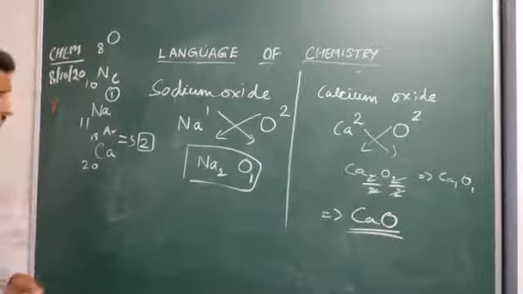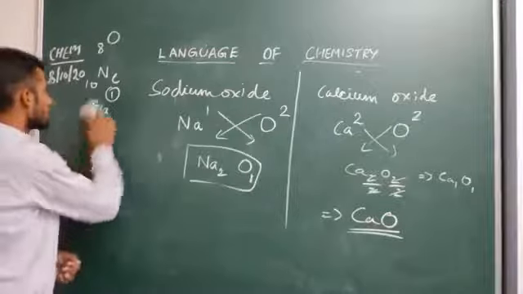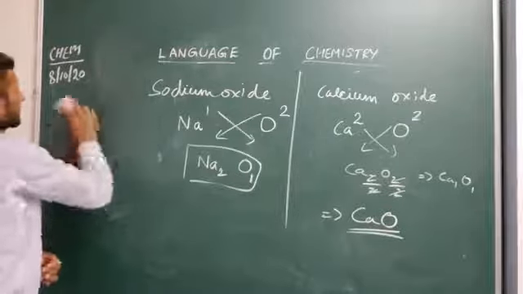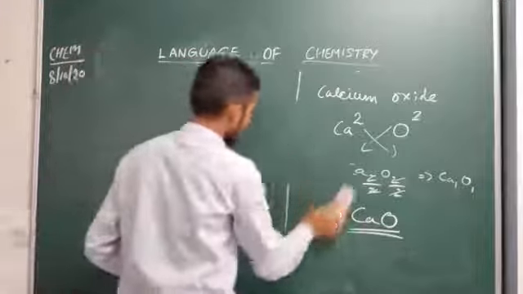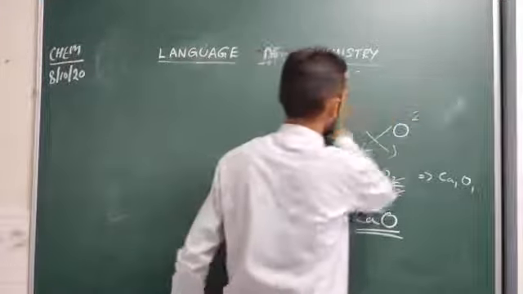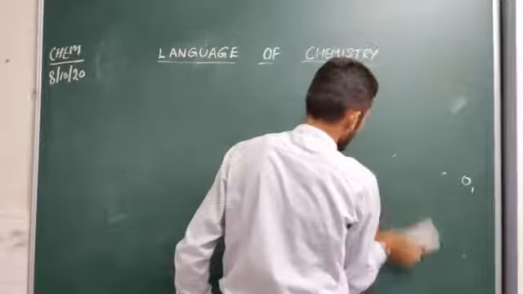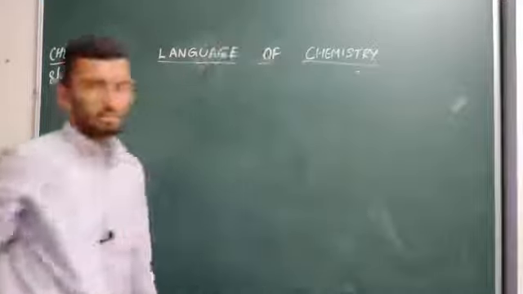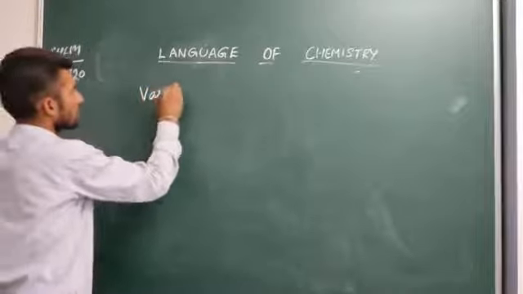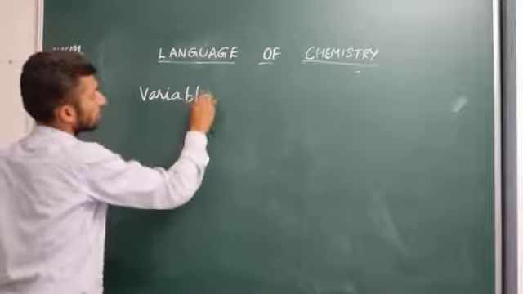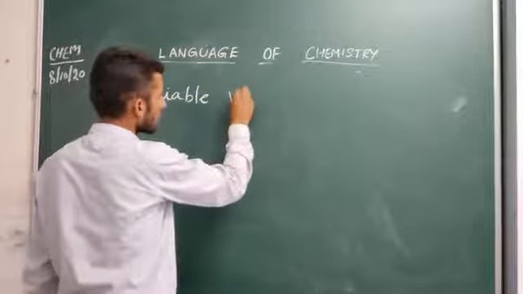After that, one more topic is there with respect to valency, that is variable valency. Variable valency means the valency which changes in different compounds of the same element.